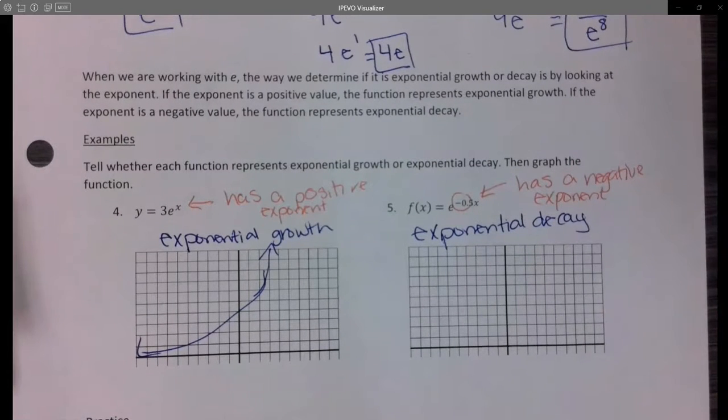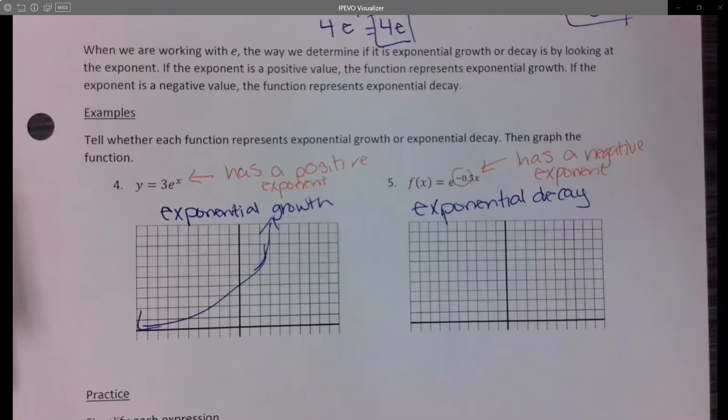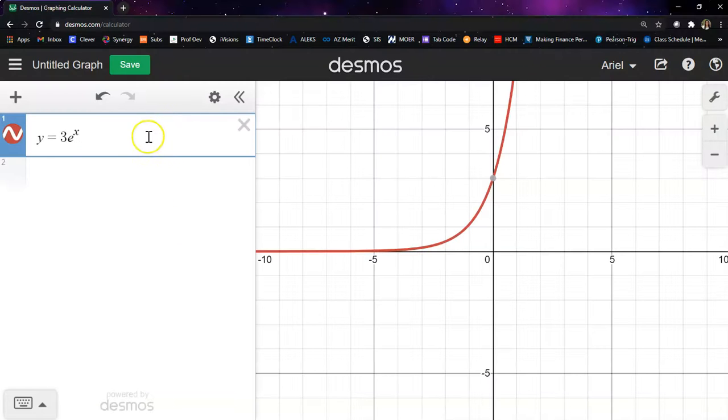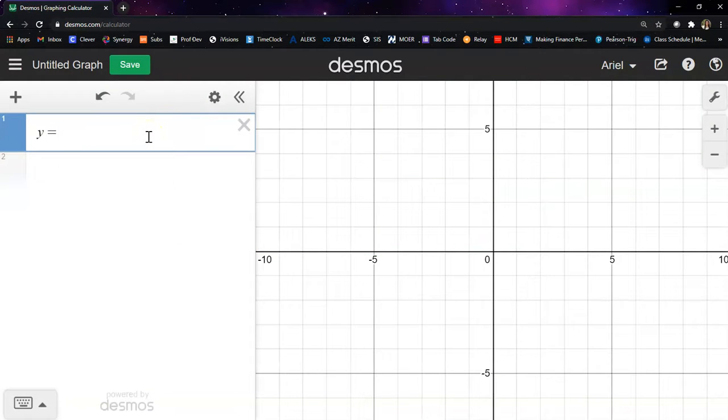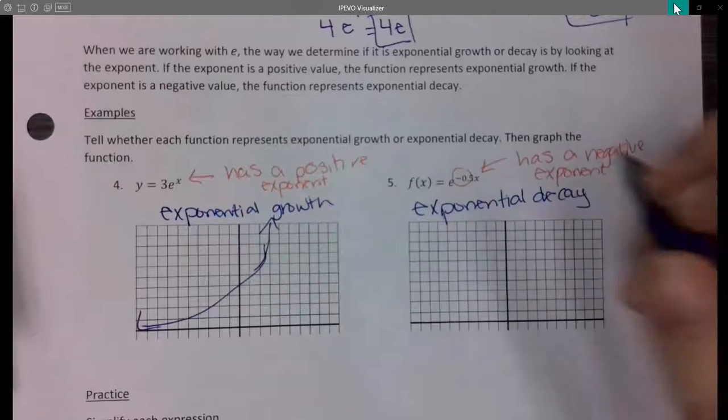So when I go and graph this one, it should be going down. Nope, I missed the number. There you go. So it starts high and then goes down. So I'm going to go sketch this one.